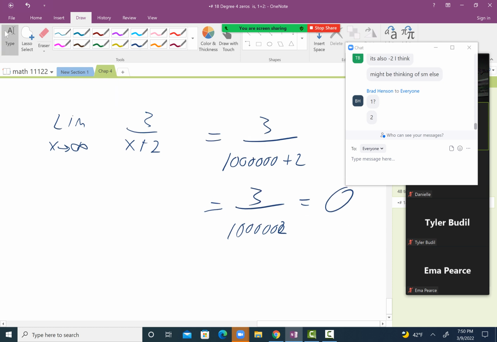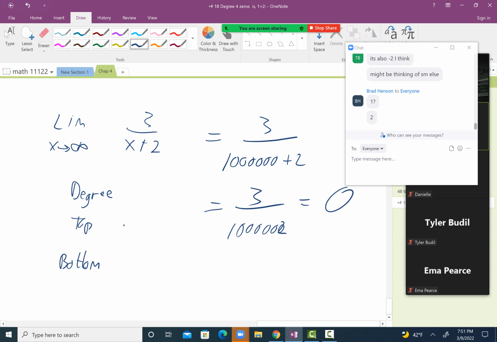The other way to tell is by looking at the degree. So you would look at the degree at the top, look at the degree on the bottom, and here's the rule.